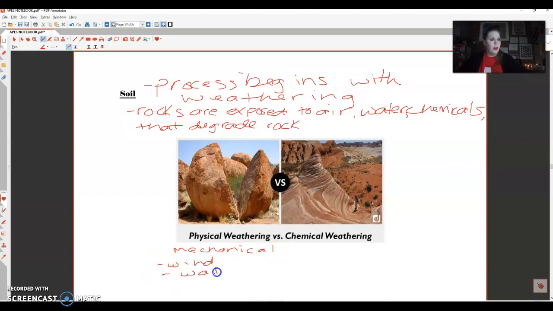Okay? So this rock right here is split in half, and it's easy to look at this and go, oh, that's lightning. It's actually not, because there's no burn marks on it. So what caused this great huge boulder to split in half, straight down the middle? And that's from ice, okay?